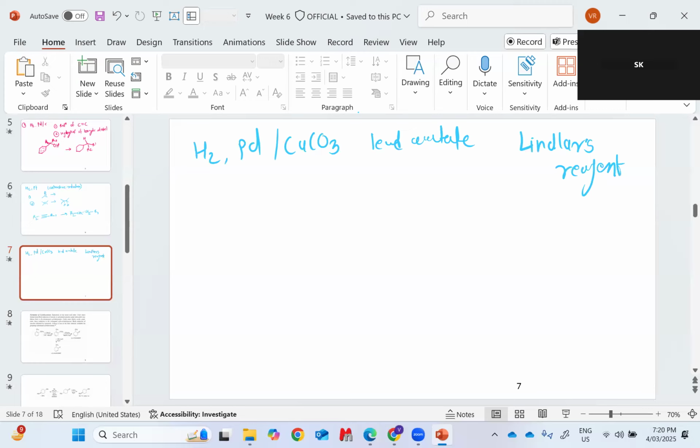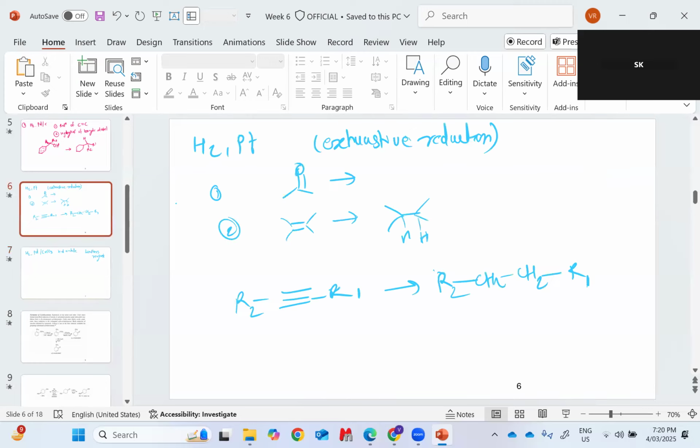Using H2 Pd/C, as seen earlier, we can convert the alkyne directly to the alkane.